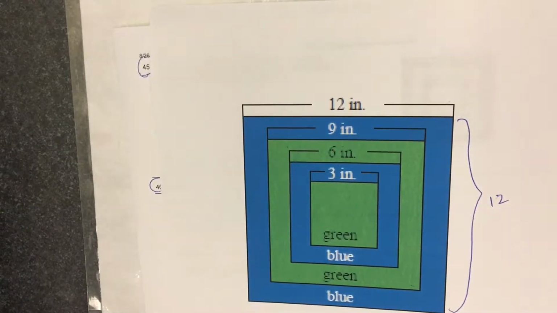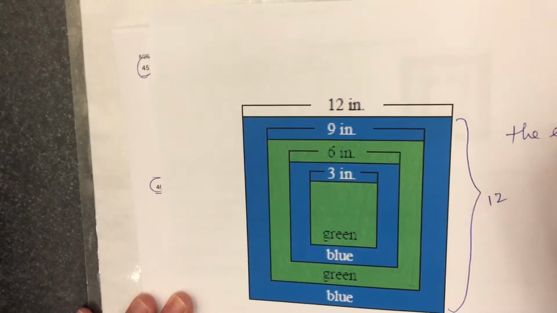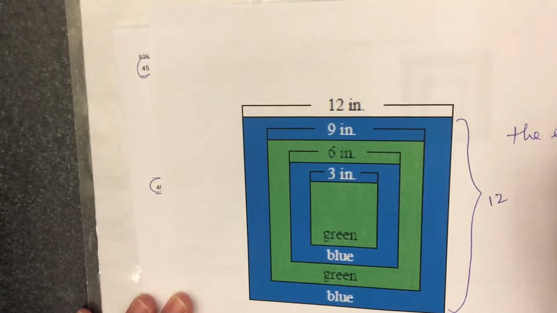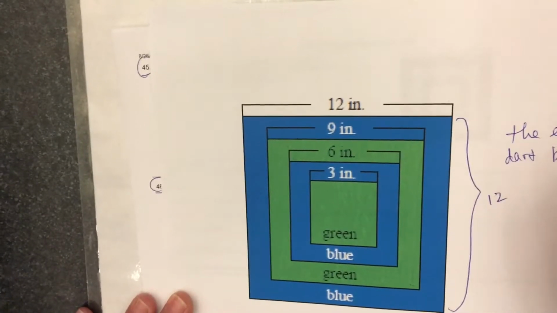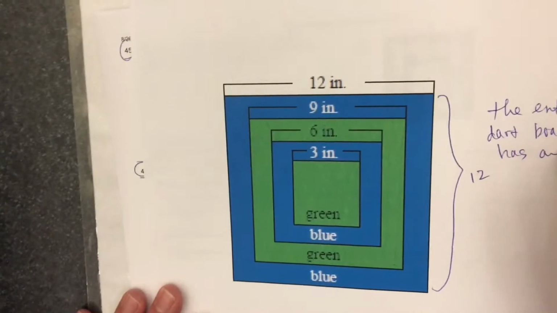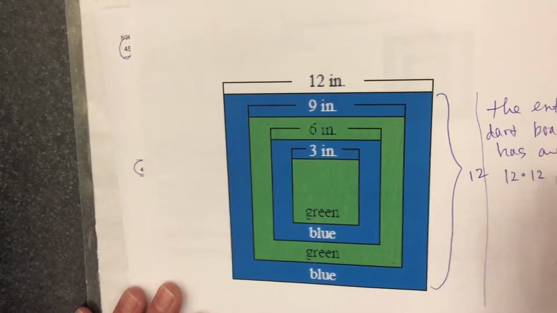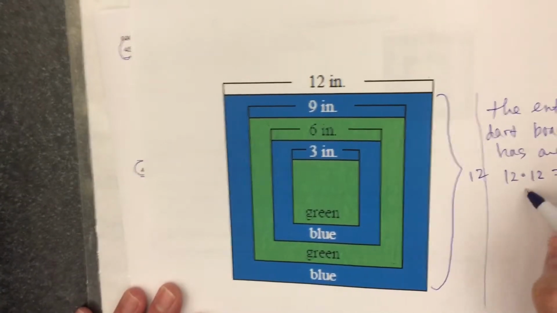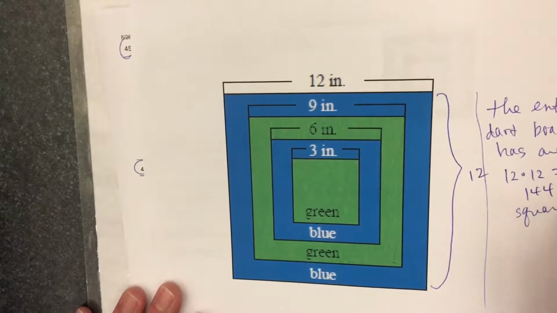So let's get the entire dartboard first. The entire dartboard has area 12 times 12, which will equal 144 square inches.